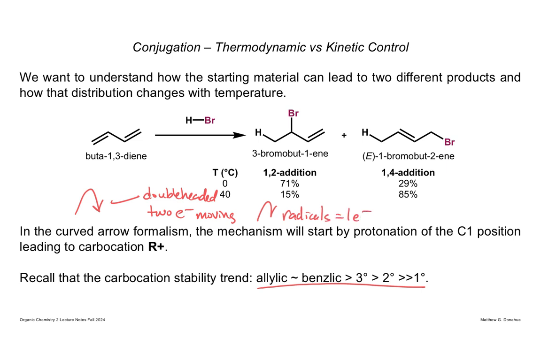That's one electron moving. So we use this term, typically homolytic cleavage for radicals, and then for the double-headed arrows, it was heterolytic.